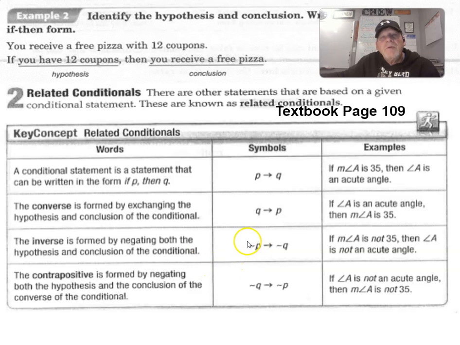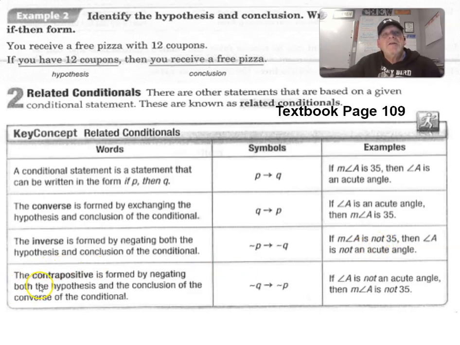Now, if you remember from an earlier section in this chapter, when I have that little tilde, that little curved mark in front of a P, that means not P. And that little tilde in front of the Q means not Q. So we'd read that, if not P, then not Q. So in our example, we look at our original and we just put a not right after the is and a not right after the is. If the measure of angle A is not 35, then angle A is not an acute angle.